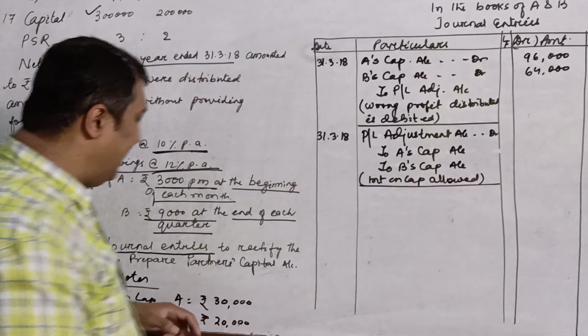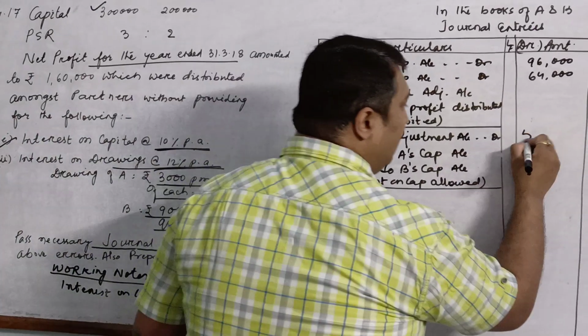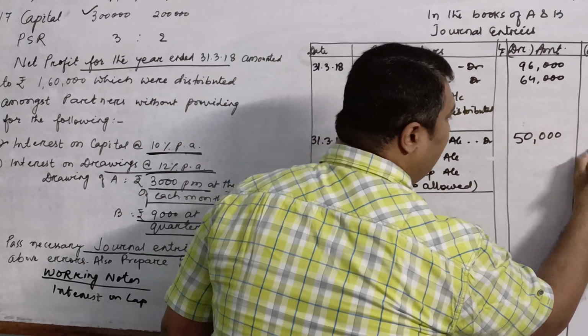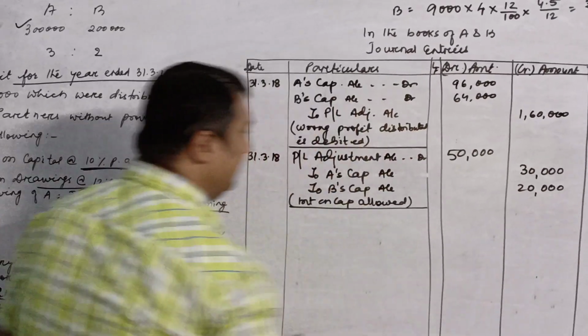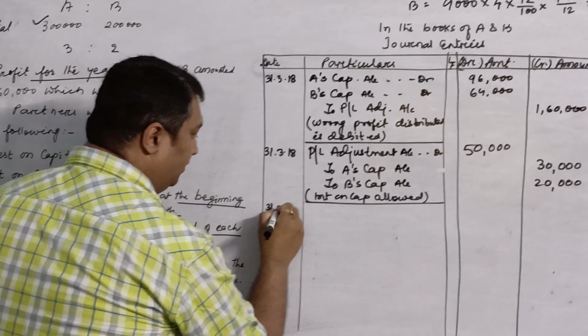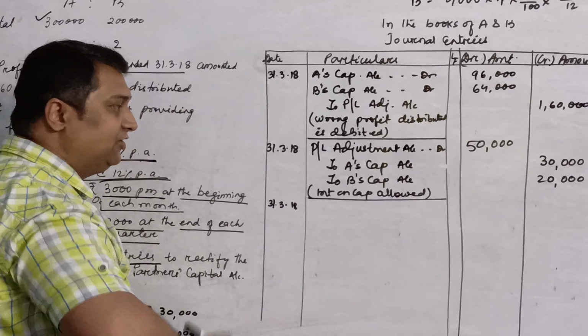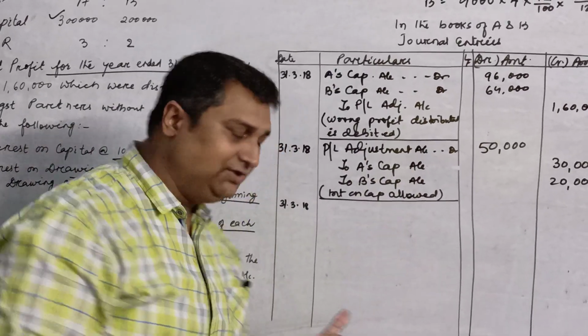How much is the interest on capital? The calculation is 30,000 and rupees 20,000. So in PL adjustment, total will be 50,000. A 30,000, B 20,000. Now the next adjustment was interest on drawings, which was not charged. So on the same date, we will charge interest on drawings. Interest on drawings will reduce the capital account of the partners.